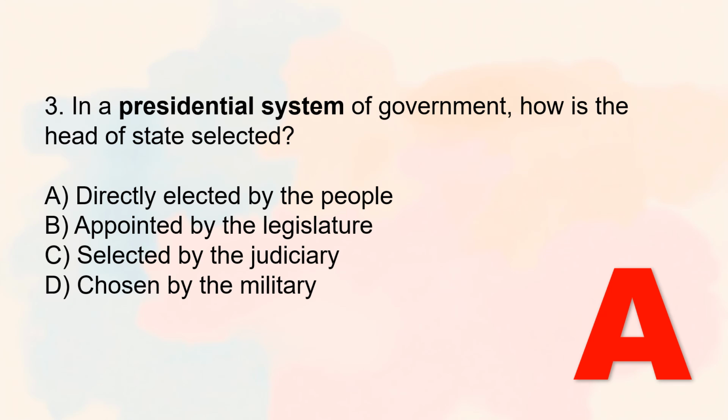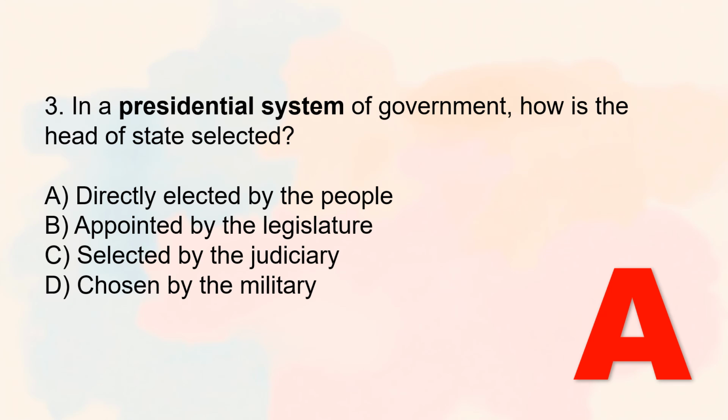Of course, in a presidential system, the president is elected by the people and serves as both head of state and head of government. Letter A is the best answer. Appointed by the legislature is incorrect, as this is common in parliamentary systems where the head of government, the prime minister, is selected by the legislature.